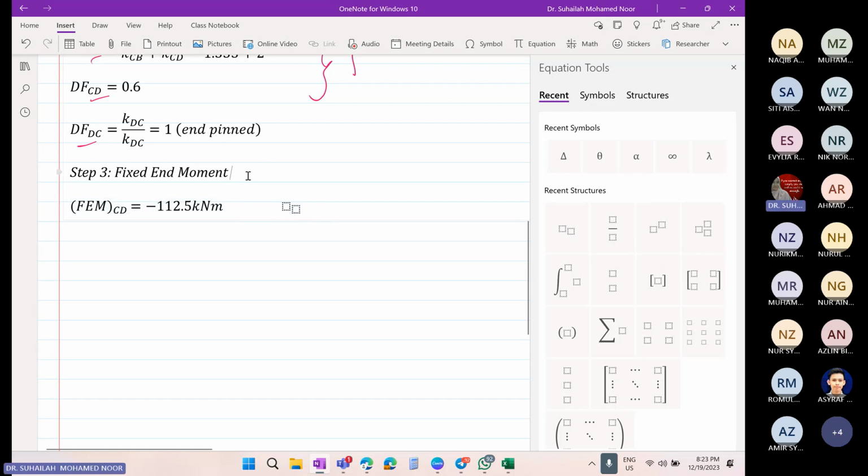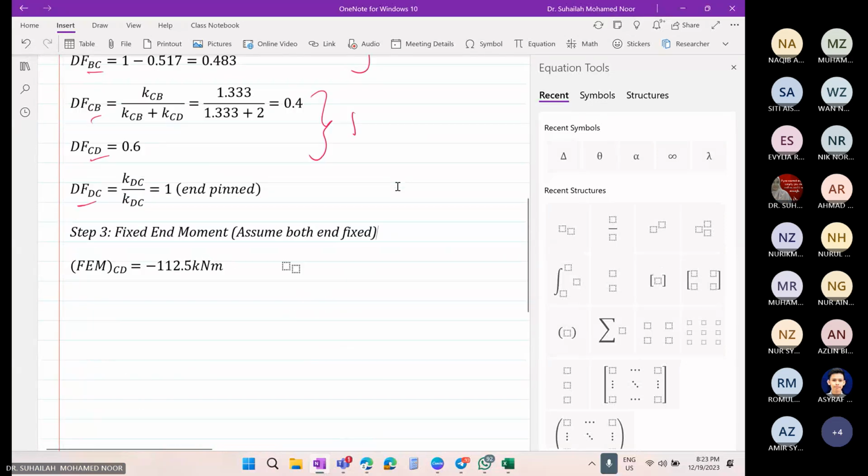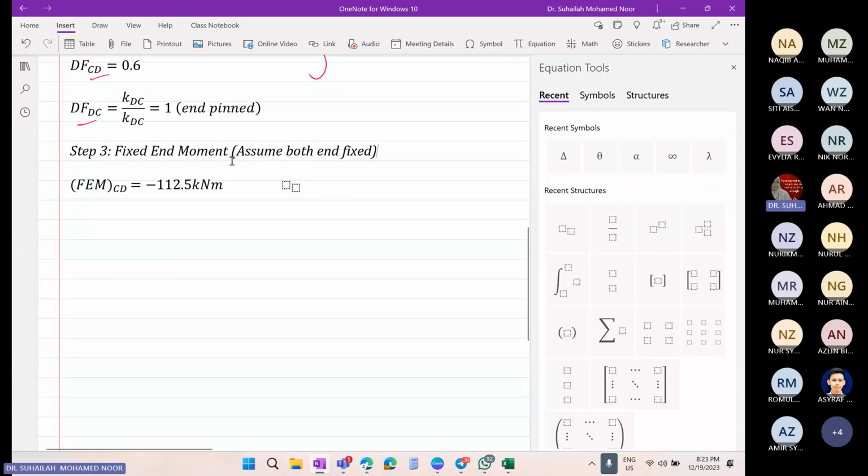When we calculate FEM, we can assume both ends are fixed, even though in the real structure D is a spin. We start by assuming both ends are fixed to calculate the fixed end moment, so both ends fixed means both have moment.